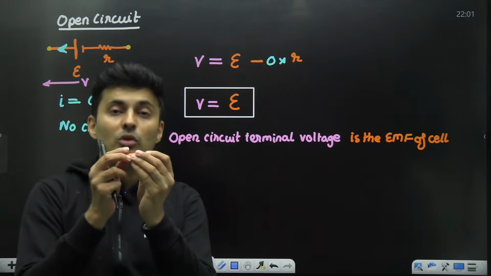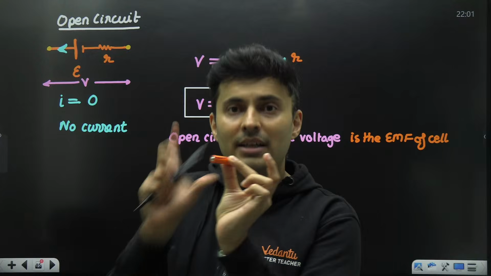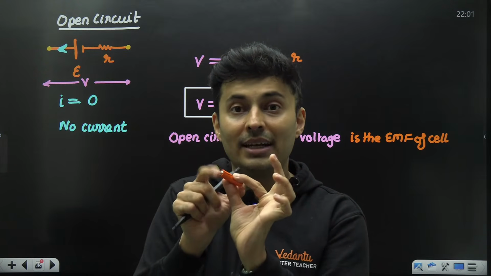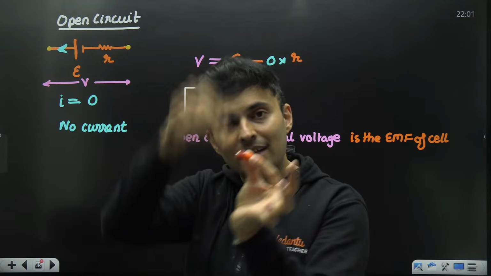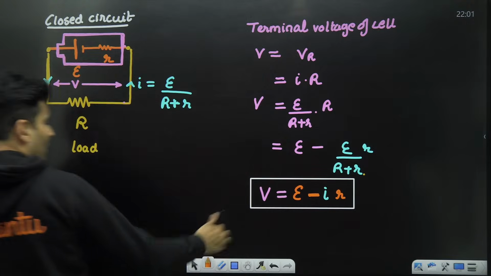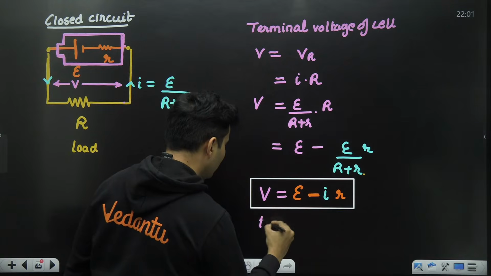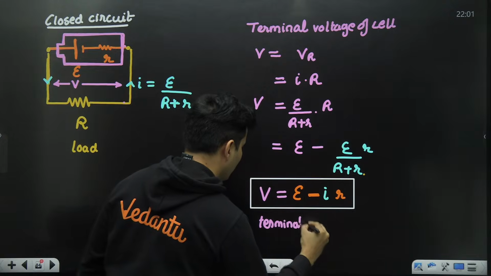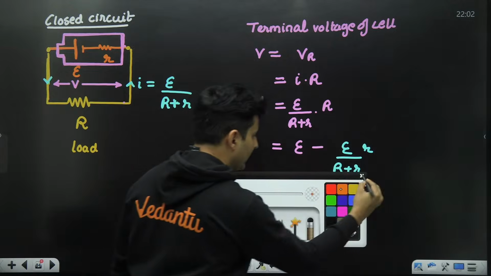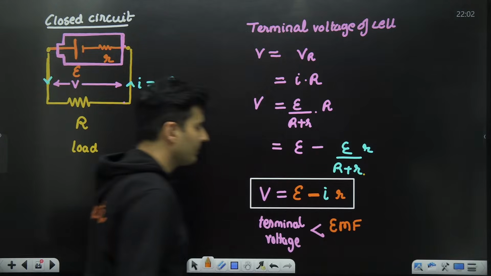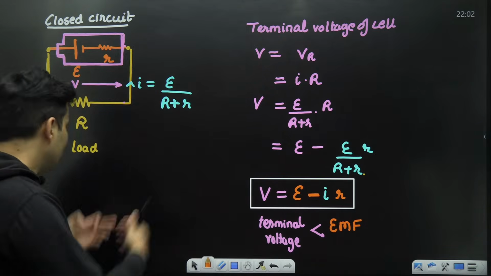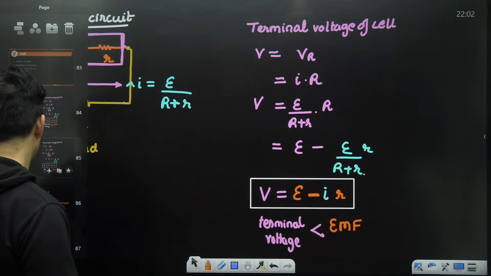That means if there was no current flowing and you measure it using a voltmeter, which is very near to impossible, but if you happen to do that, then whatever voltage you get is exactly the EMF, because current is 0. But over here, the terminal voltage of a cell is always going to be lesser than the EMF of that cell. Clear?